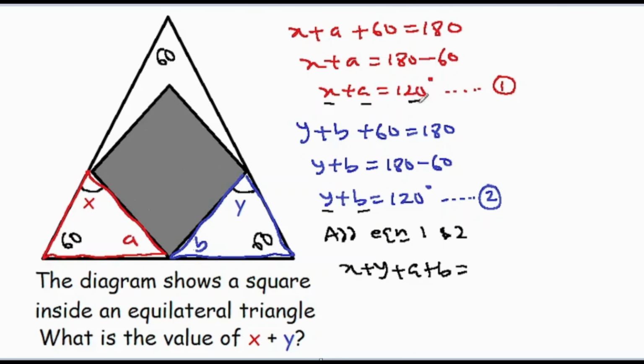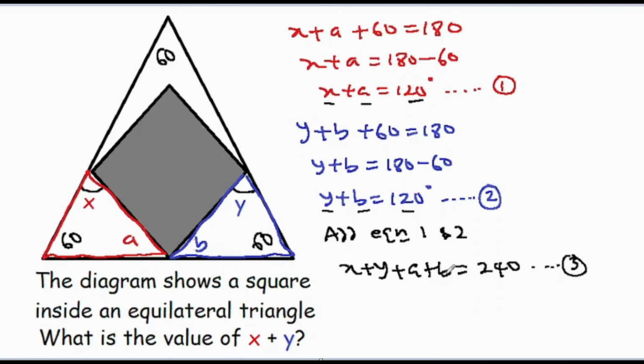Then we have 120 plus 120, that's going to give us 240. So the addition of equation 1 and 2 gives us x plus y plus a plus b equals 240 degrees. We can label this as equation 3.